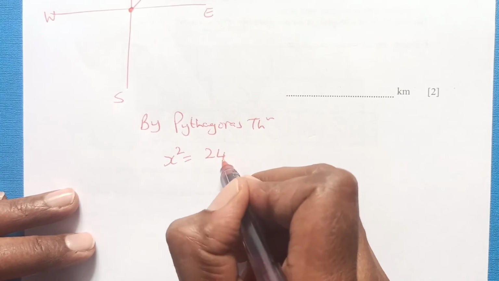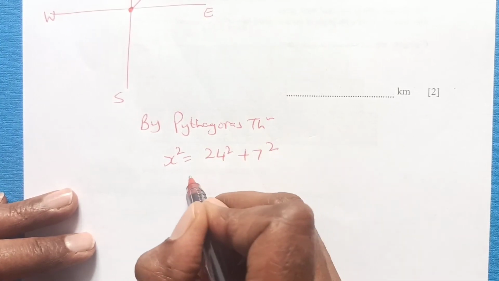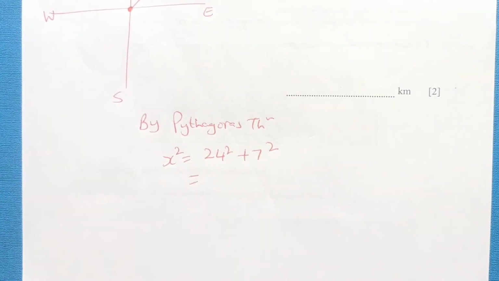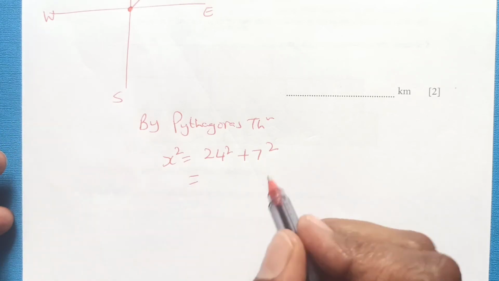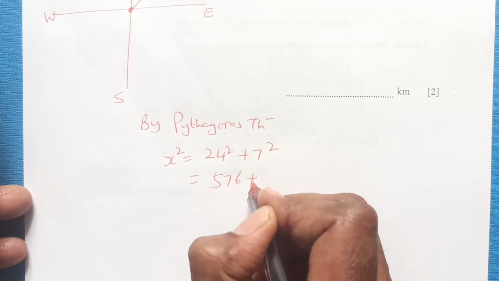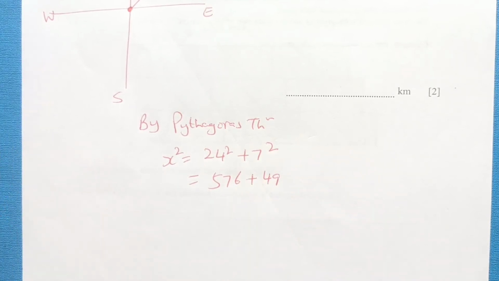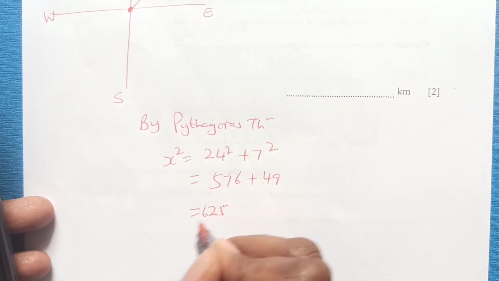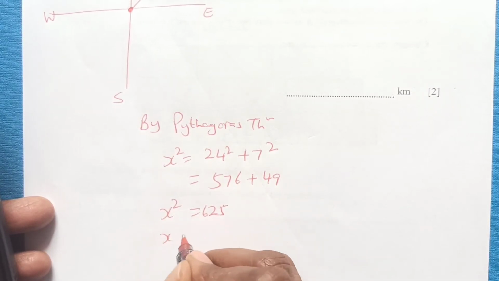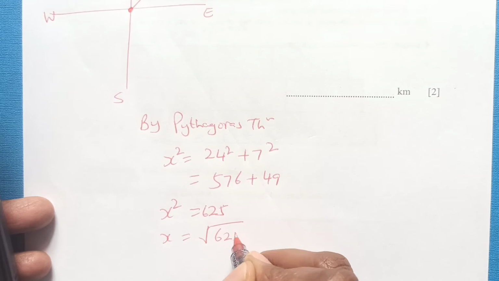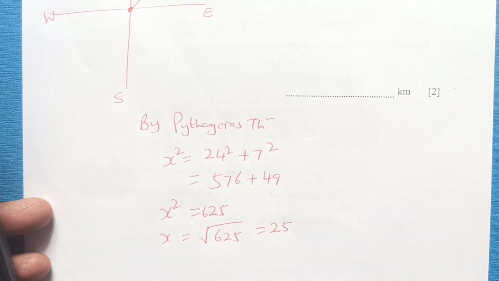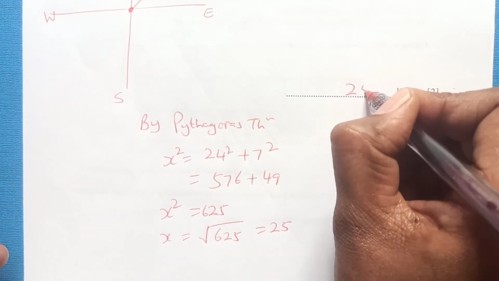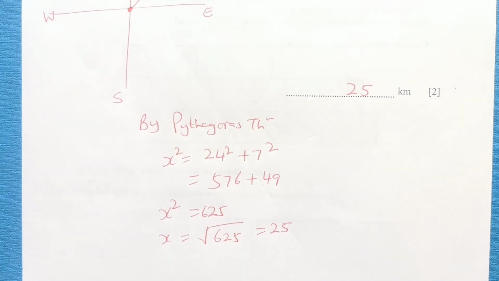So it is 24 squared plus 7 squared. 24 times 24 is 576, plus 49, it is 625, right? So this is x squared. So x will be square root of 625, which is 25. So the final answer is 25 kilometers.